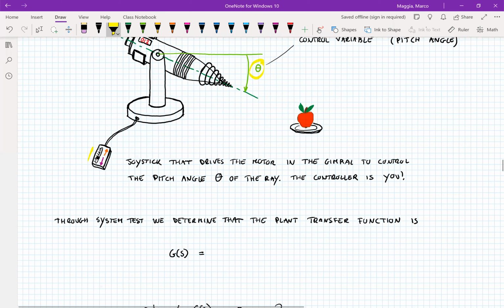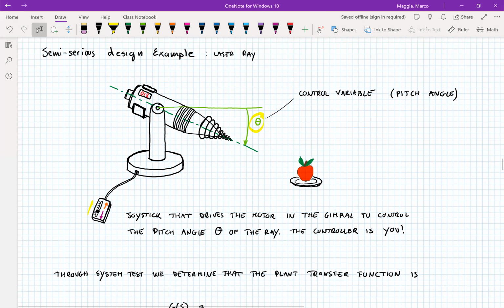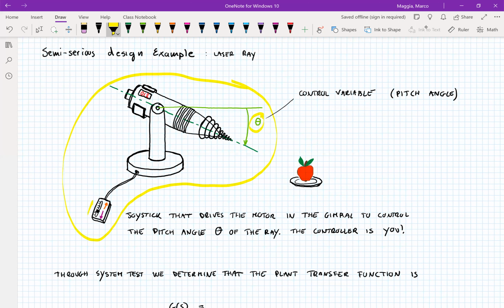All right, let's put some numbers and functions into this. Let's say that you run some tests and determine the transfer function of the plant, which is the laser ray with the actuator, with the joystick.